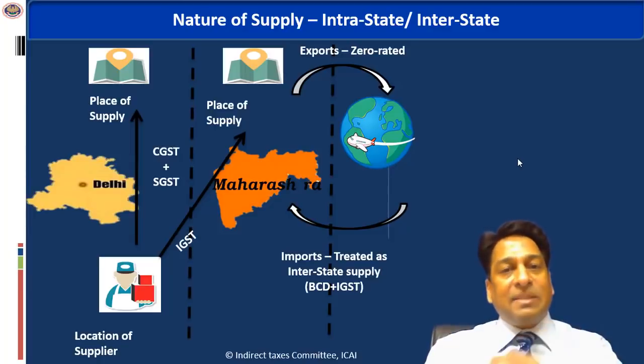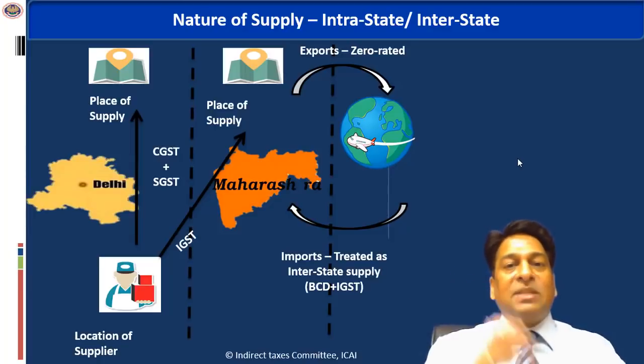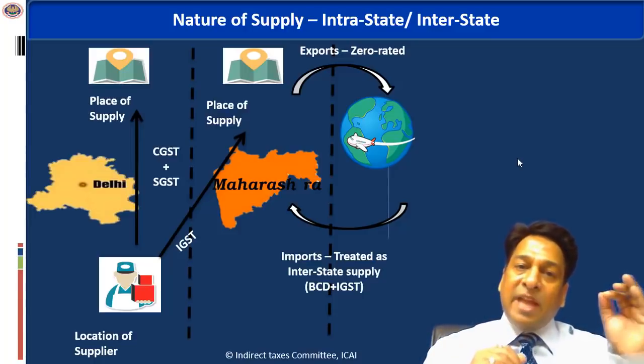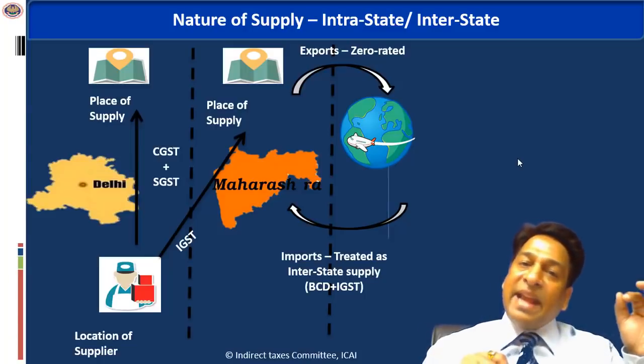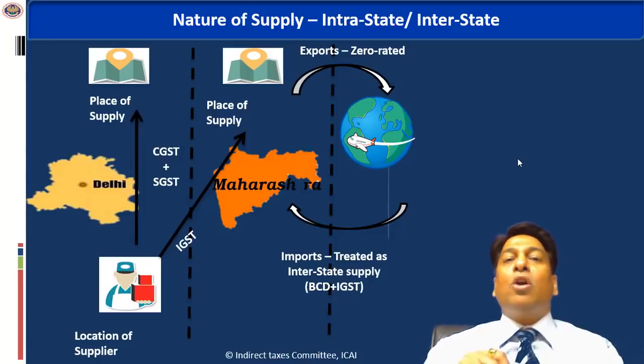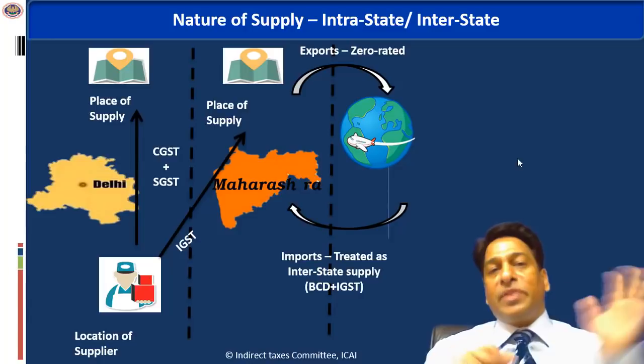What is chargeable is CGST and the respective state GST, so CGST and SGST, or UTGST in case of union territories.